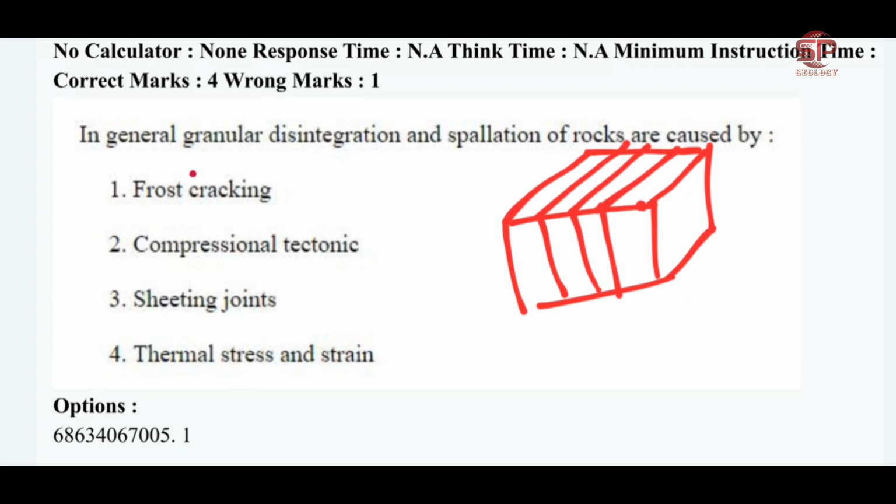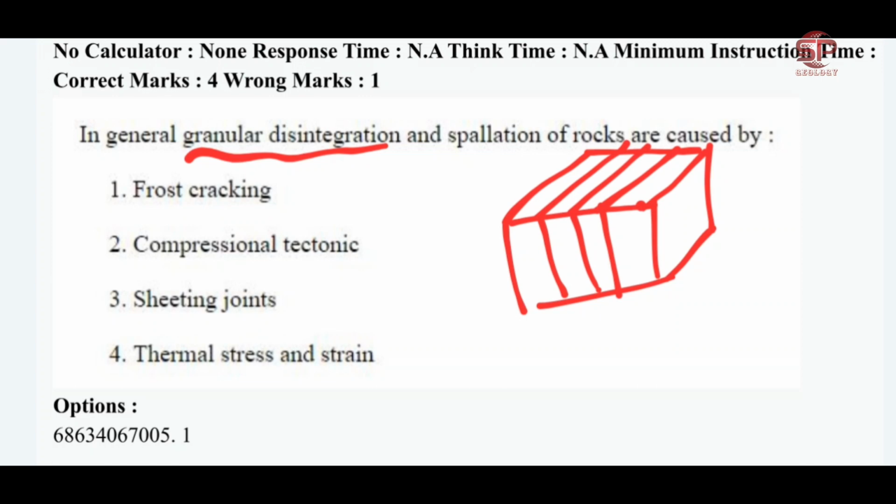In what type of process will you find granular disintegration and spallation? Spallation is also a mechanism of weathering. In the spallation process you'll find large sheets of rock breaking because of shear stress or release of pressure, all that process. And frost cracking, which is because of the expansion of water.